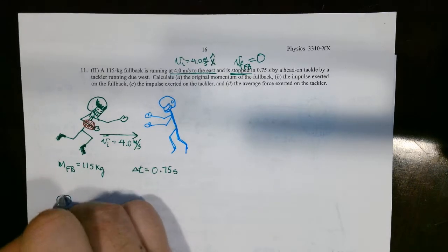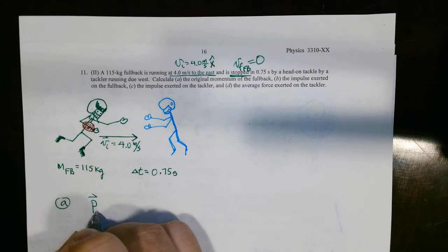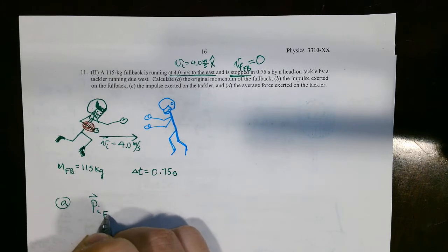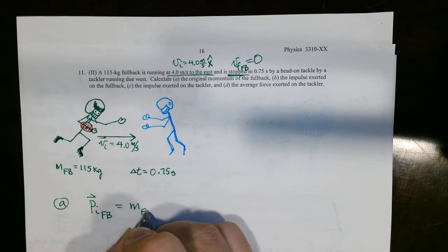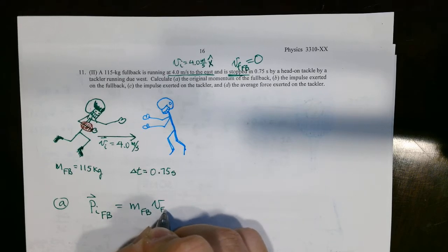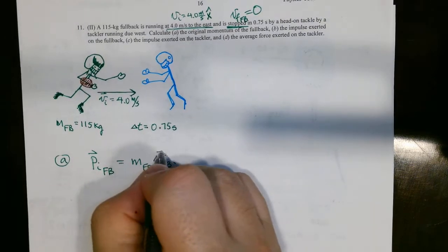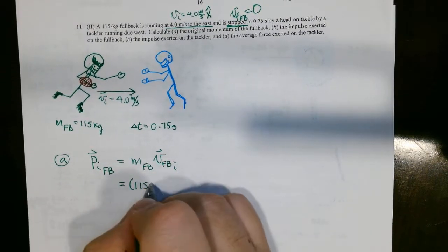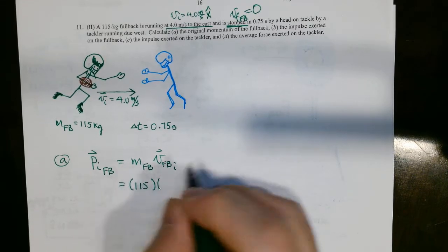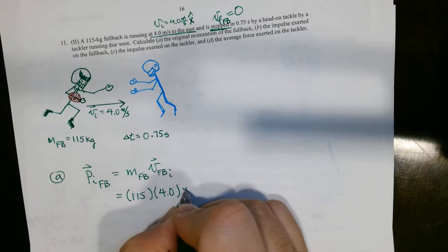So for part A, calculate the original momentum. The initial momentum of the fullback is simply the mass of the fullback times the initial velocity of the fullback. So it is 115 kilograms times positive 4.0 meters per second x hat.